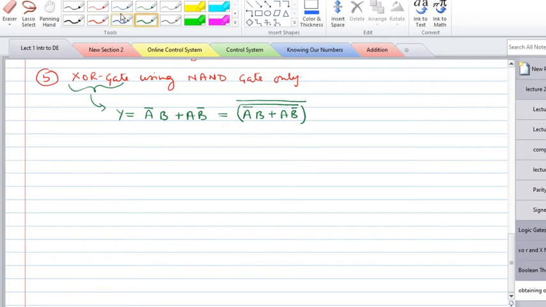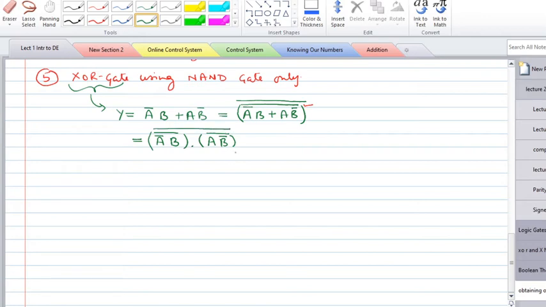Okay, solve the internal bar using De Morgan's theorem. We get A bar B dot A B bar bar with the whole bar.